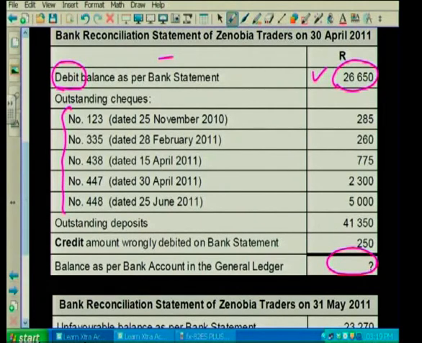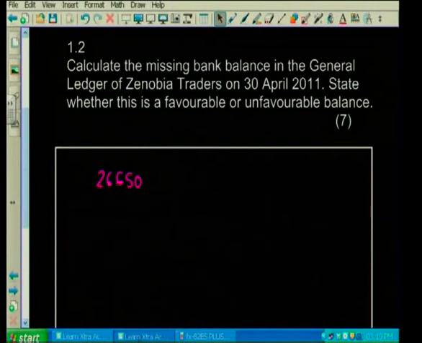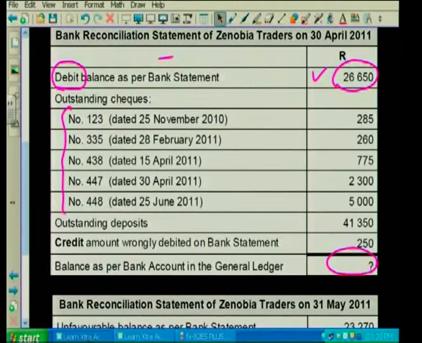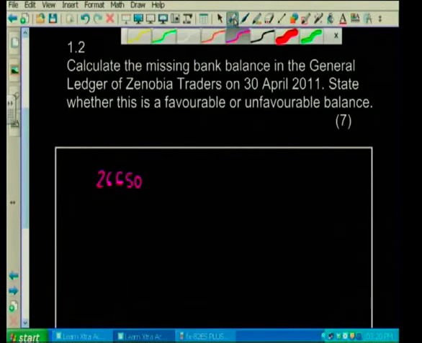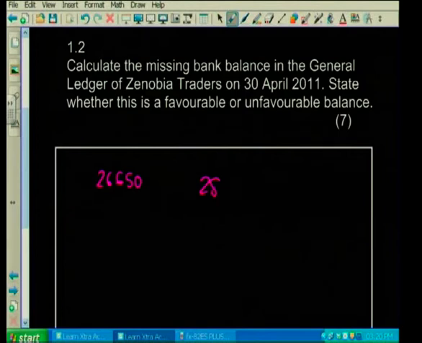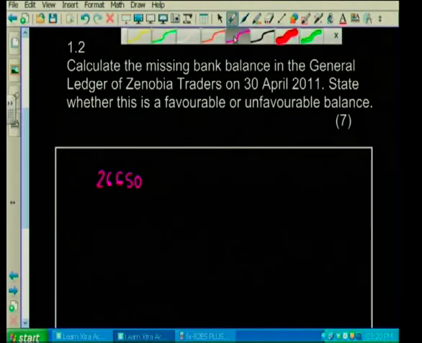So clearly, when you come onto your answer book, you say, fine, let's take these amounts here. 285. That's 285. Remember, this is a calculation that you are doing, right? And just to make matters easier for us, let's just erase this and let's put it all in the same place so we know exactly what we are doing.